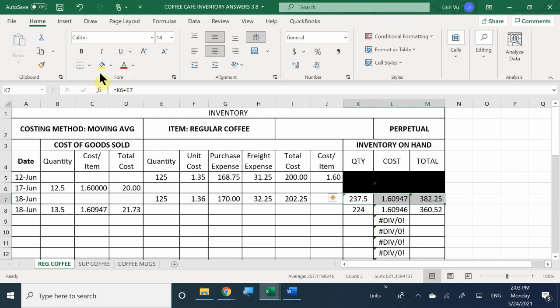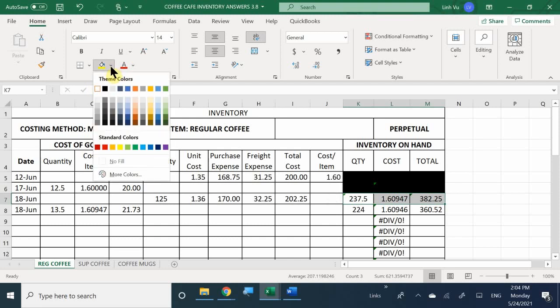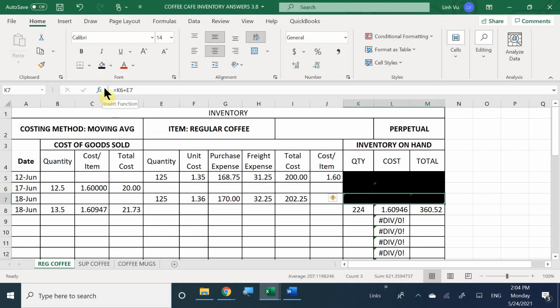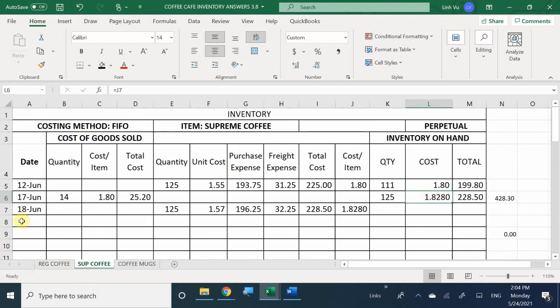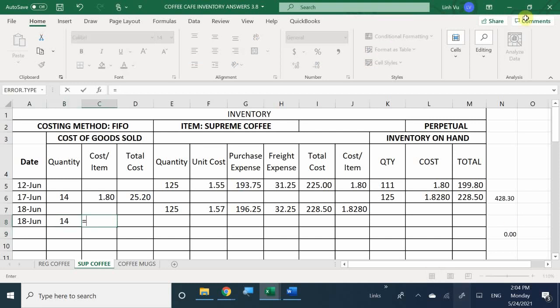And then while I'm on this sheet, I just went to the Supreme coffee and updated it before going back to my ledger. Yeah, that's what I usually do too. So 224 left at 360.52. Supreme coffee: 14 pounds at 1.80000, because we're using FIFO.